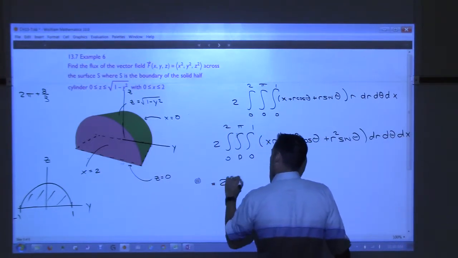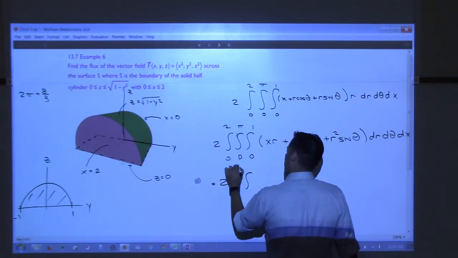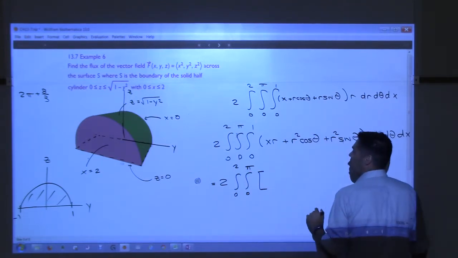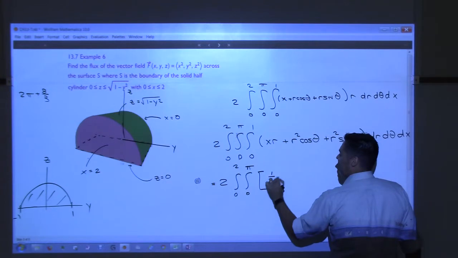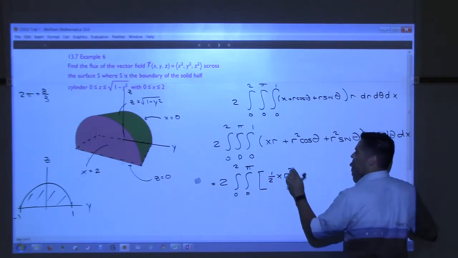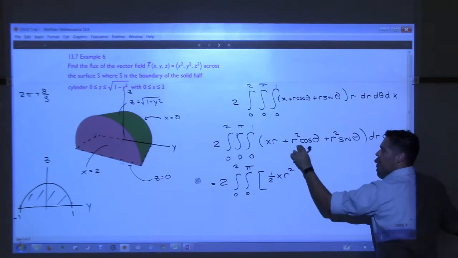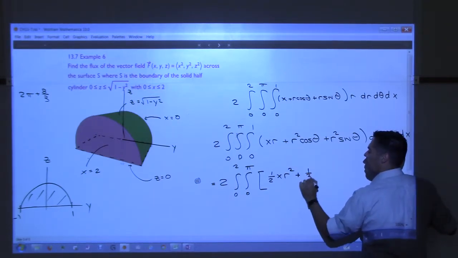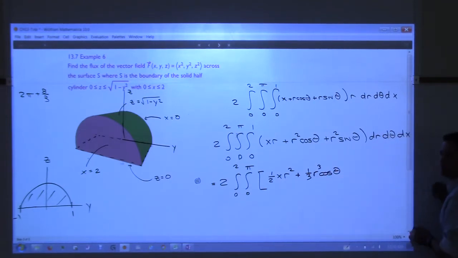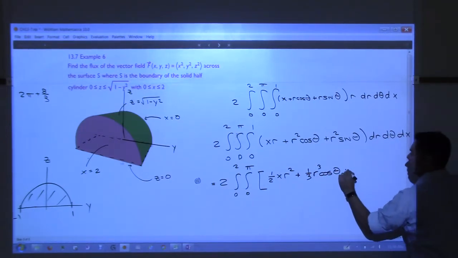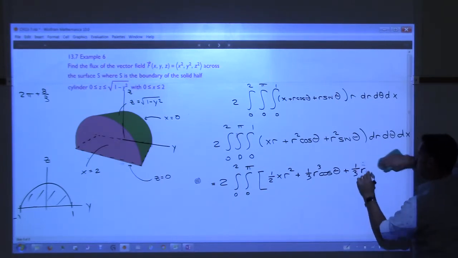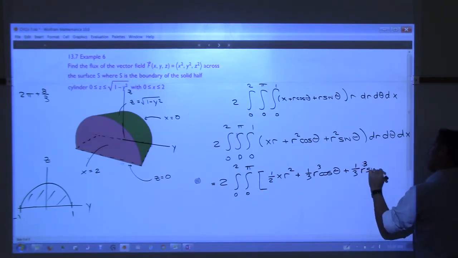So the first integration is with respect to r, right? So 1/2 x r squared, right? That's the antiderivative of this. Here, plus 1/3 r cubed. Cosine theta is like a constant, so it just comes along for the ride. Same thing here, 1/3 r cubed sine theta.